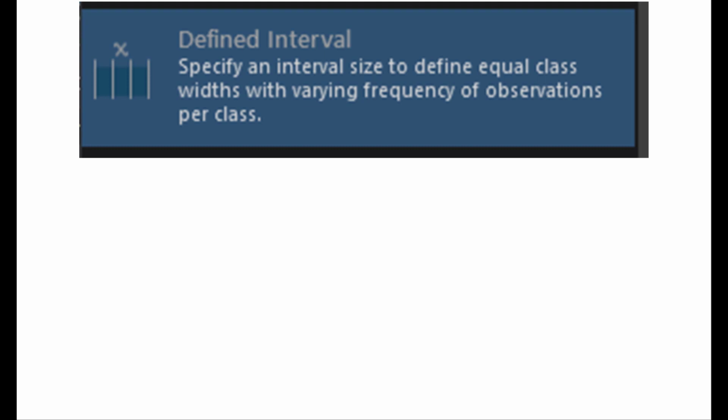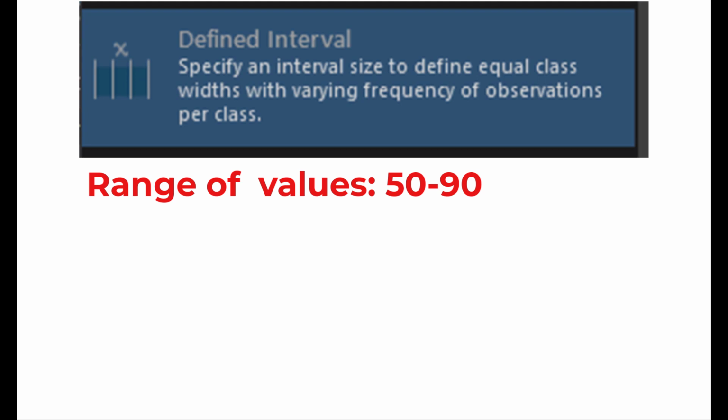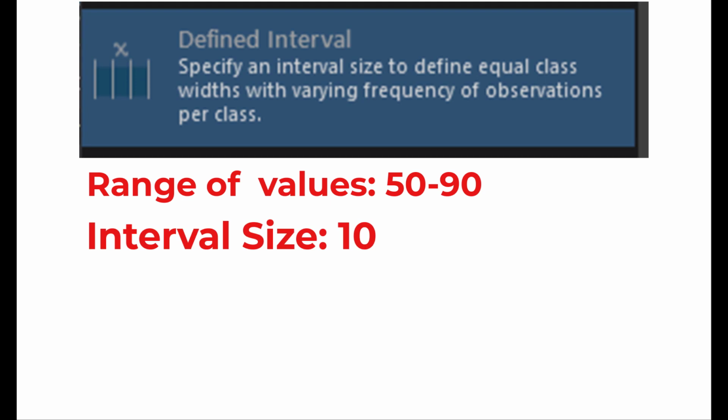In this method we start with a defined interval; that is our starting point. So if the students in our class, for instance, have test scores ranging between 50% to 90%, and if we decide initially for our interval size to be 10, this method creates 4 classes, as you can see. The interval size is 10, and these are the 4 classes according to it. So this is the defined interval classification method.